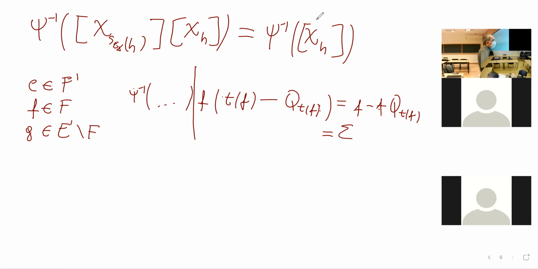And here we have F at the beginning. This will be a sum over E, which belong to the preimage of T of F. And here I'll have F, E star.